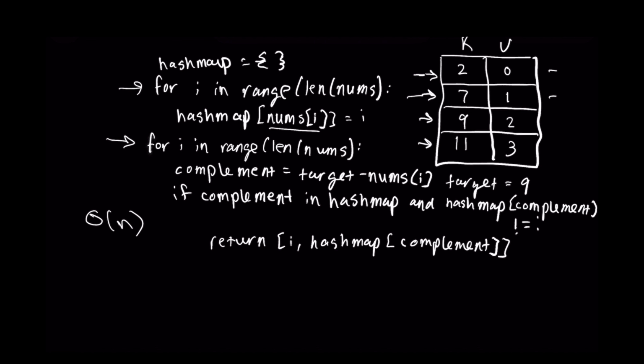And now there is even a faster approach to this where instead of having to populate our hash map and then use another for loop to search through it, we can do what's called a one-pass hash map, where we're iterating and inserting elements into the hash table.